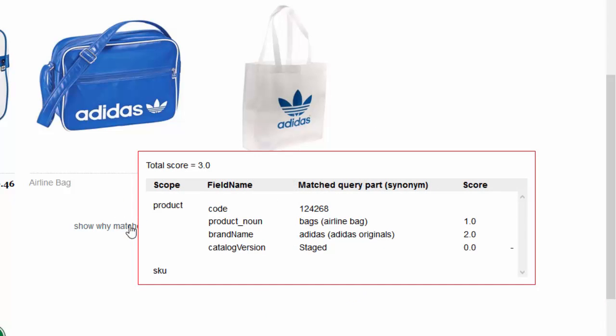Whereas one of these other items is an example where bags matched on airline bag in the data. So this gives us a lot more visibility into why specific products are showing, and is very helpful for trying to diagnose problems, like say for example when something shows that seems surprising.